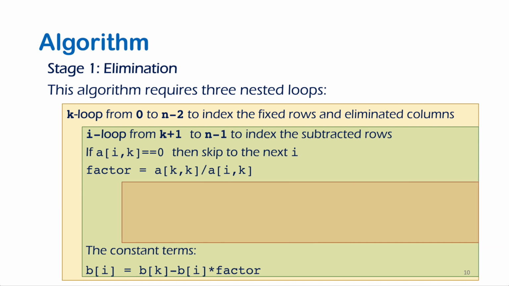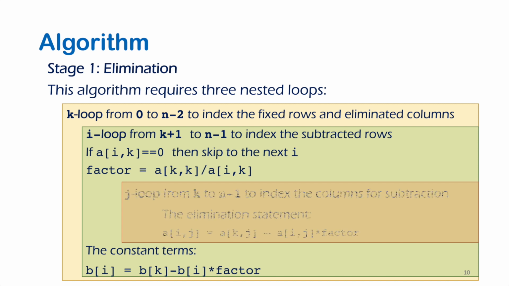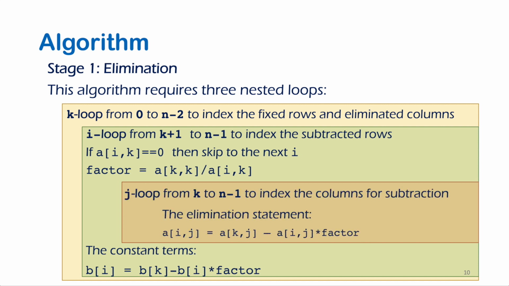The innermost loop is the j loop, which performs the calculations of the element of each row on the corresponding column. Please notice that the calculation of the b vector element can be put just after computing the factor, since it does not depend on the innermost loop. I put it here just to keep it in the same sequence shown in the theoretical explanation in the previous slides.